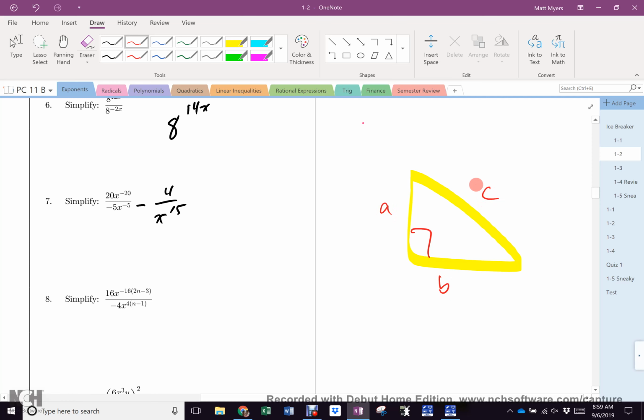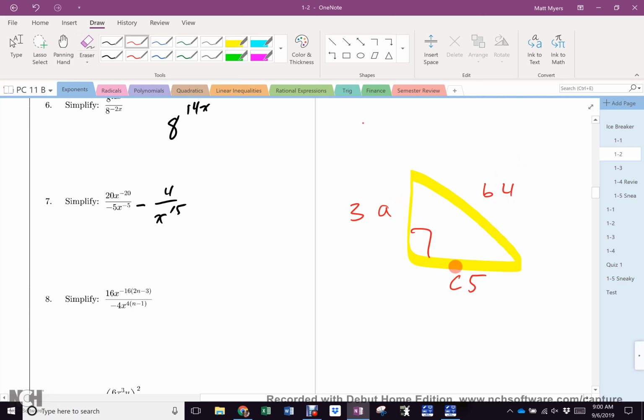Or worse, when your teacher, and I won't say what teacher it was, but it was me, put B on the hypotenuse and made this A and C, and all of you were like, yep, I can do it, A squared, B squared, C squared, and then you would tell me if this was 5, and this, or if this was 4, and this was 3, you would tell me this was 5.